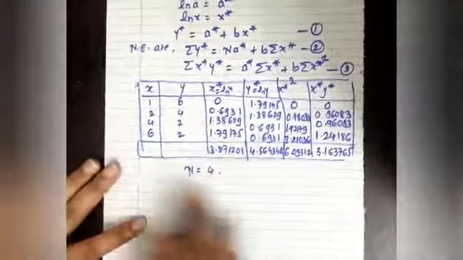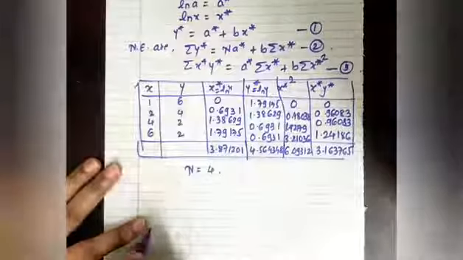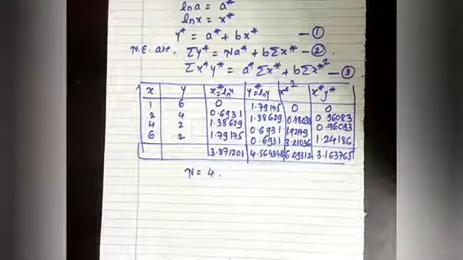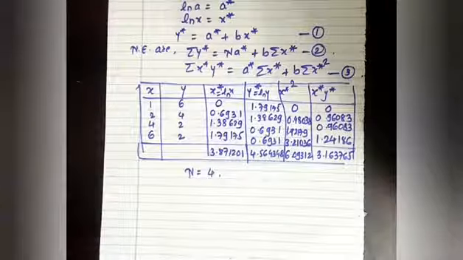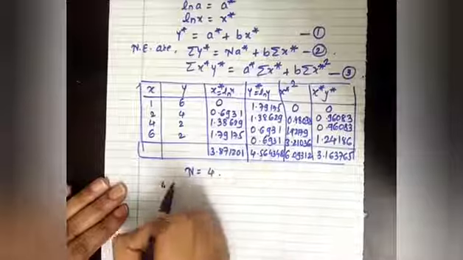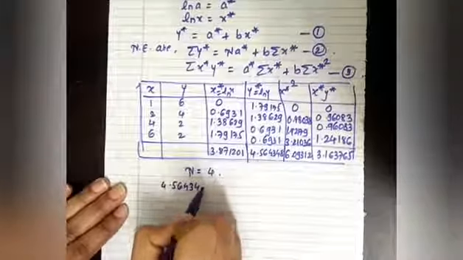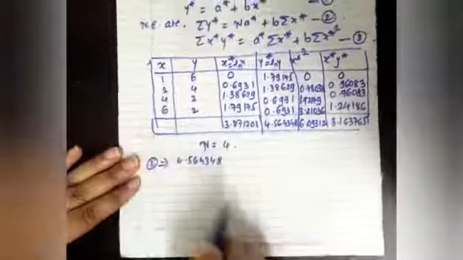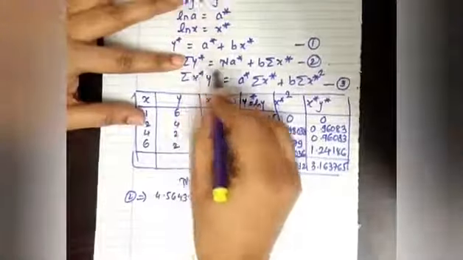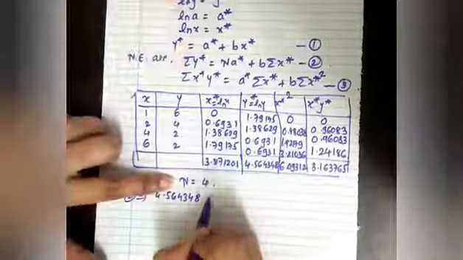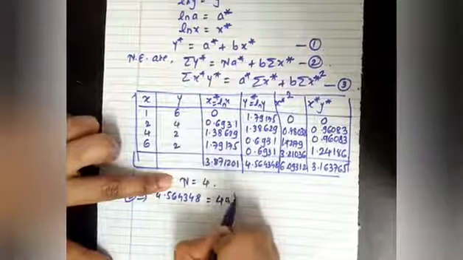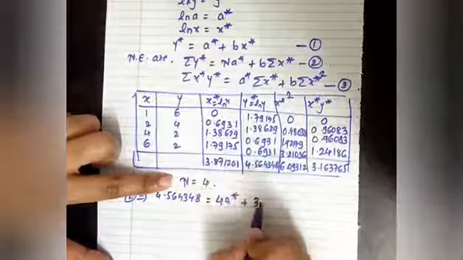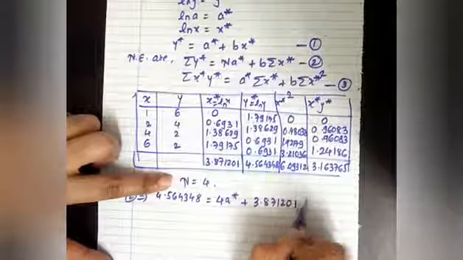All these values we will substitute in equations number 2 and 3. We get summation y star, that is 4.564348. This is equation number 2. So equation 2 becomes summation y star is equal to n a star, n is 4, into a star plus b summation x star, 3.871201 b.